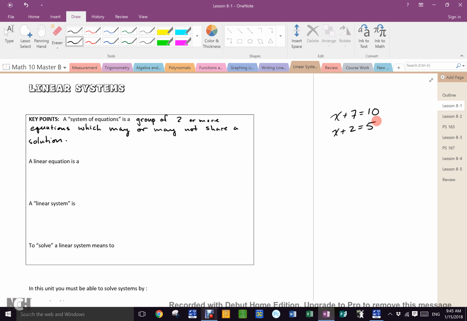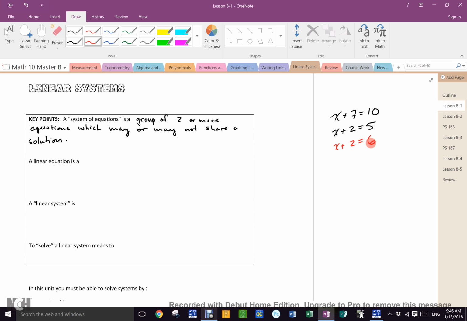Okay, that's the basics for this whole unit. Does everyone follow that? Now, what if I put a third equation in there? Now, is there a solution to the system? No. Why? Exactly.